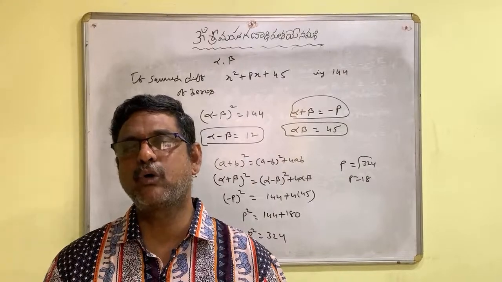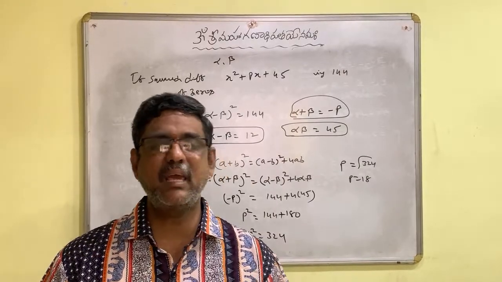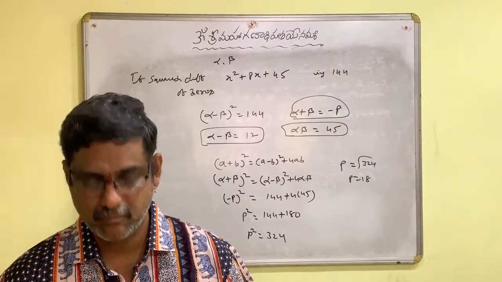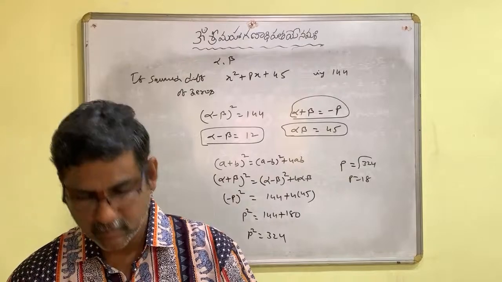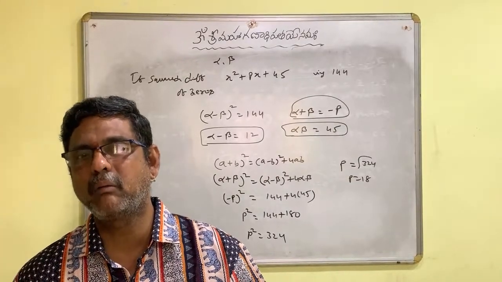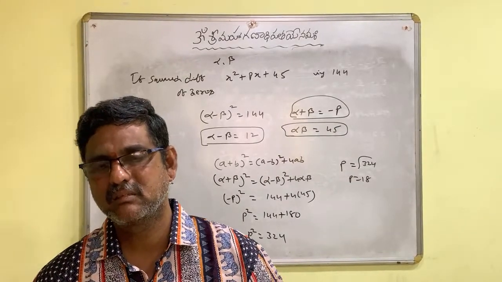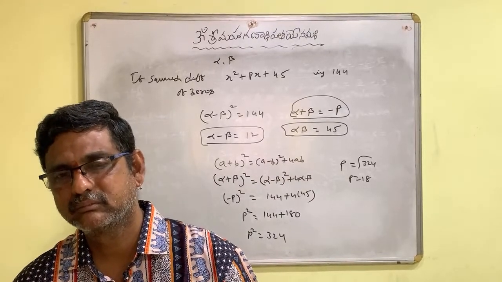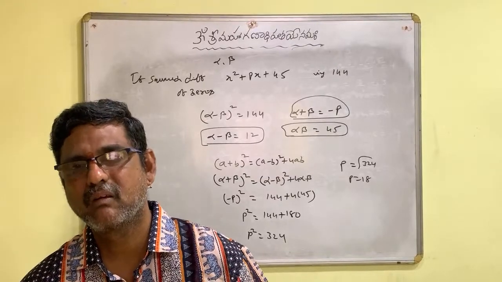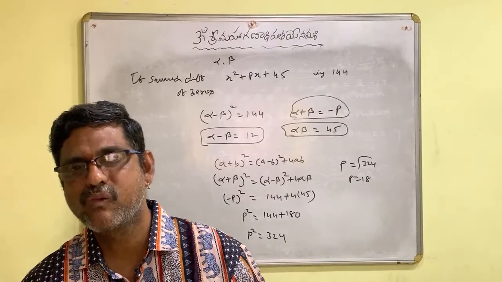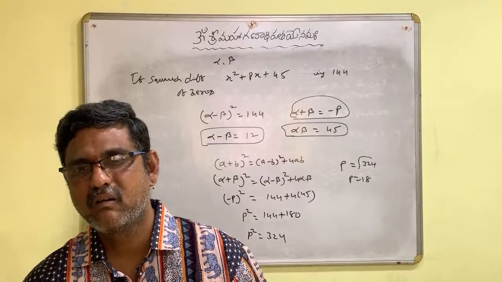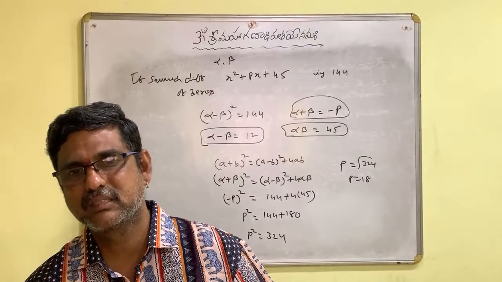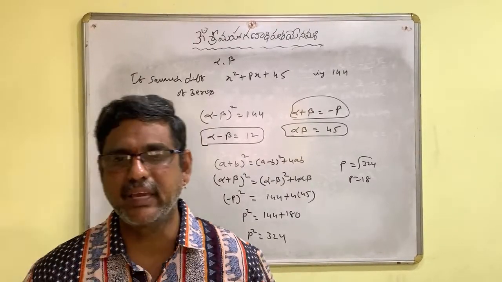Now, children, in this whole problem, what is the key point? Anyone? The formula, very good. Yes, the identity is the key here.